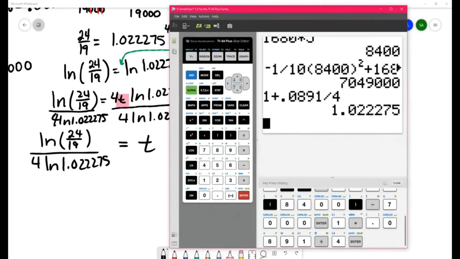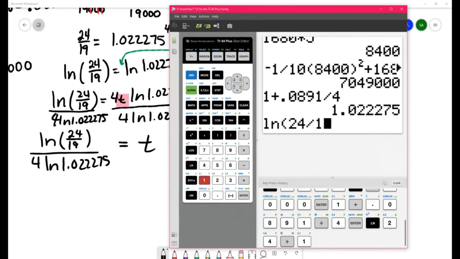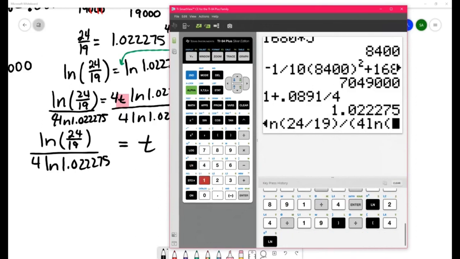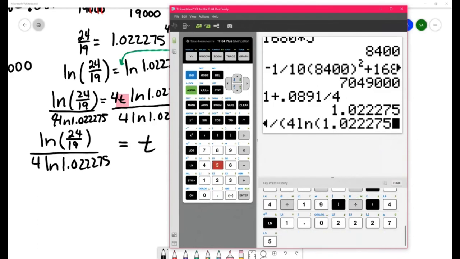So in the calculator, we have natural log of 24 over 19 divided by, and I need parentheses around my whole denominator, 4 times natural log of 1.02275. I'm going to close parenthesis for the log and close parenthesis for the denominator.